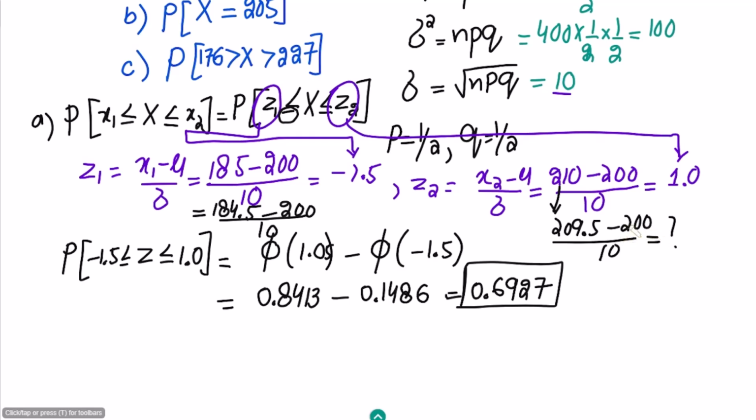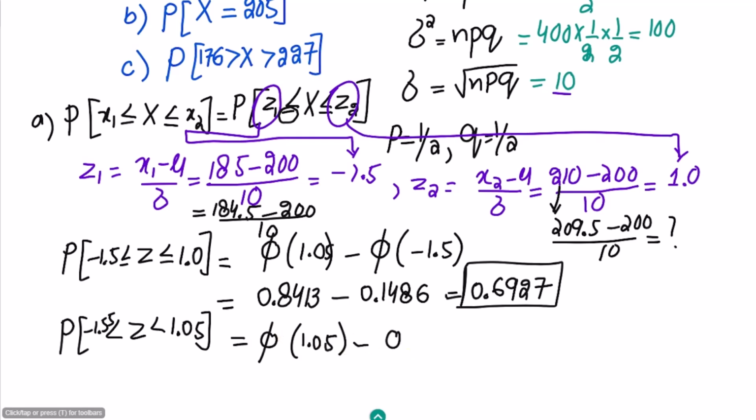Okay, so you can also keep those values here as well, and in that case the value of z is greater than minus 1.55 and less than 1.05, and then we have to find the values here: 1.05 minus minus 1.55.